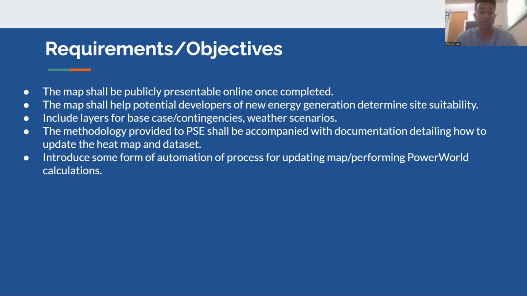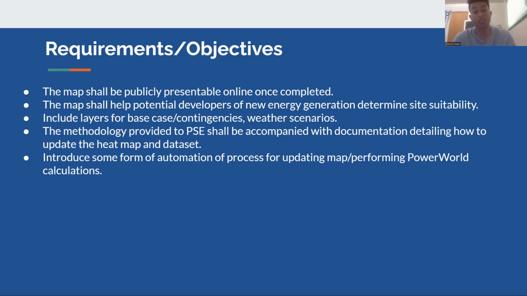Additionally, we want to make sure our map will assist potential developers and independent power producers that collaborate with PSE in the future to properly determine points of interconnection within PSE's transmission system for renewable energy sources. We also want to include layers for the base case and the two contingencies, as well as for the weather scenarios that we deal with, such as heavy winter or heavy summer, either 1 year out or 5 years out in the future.